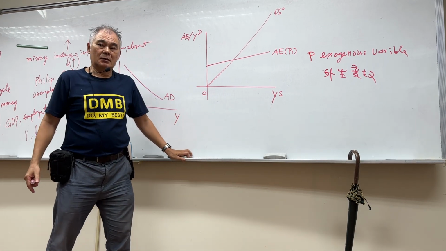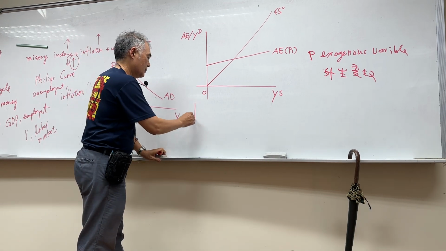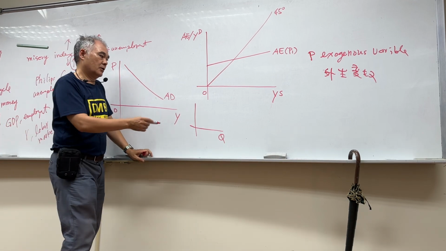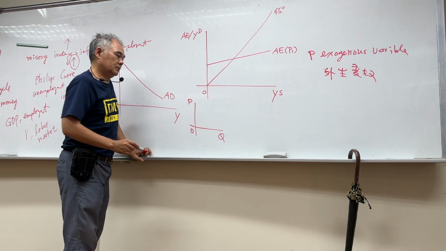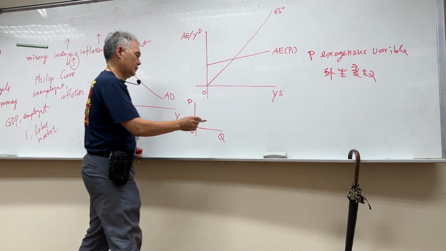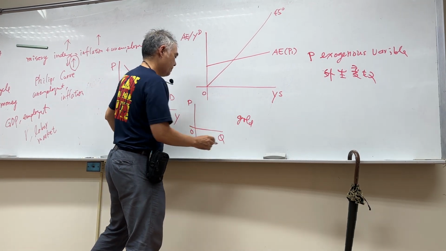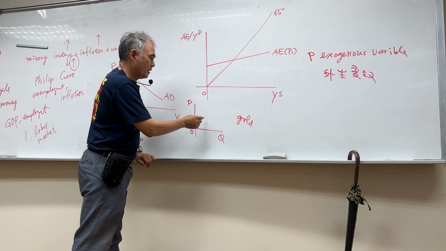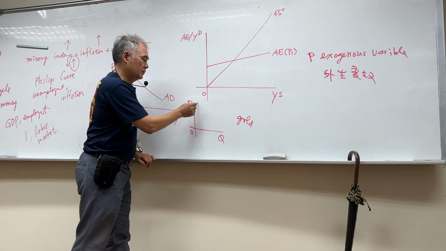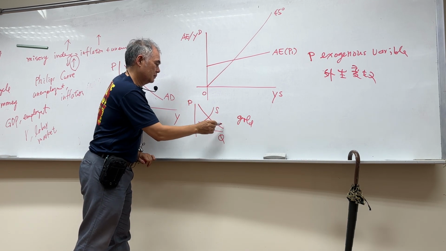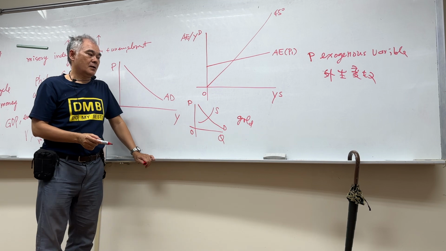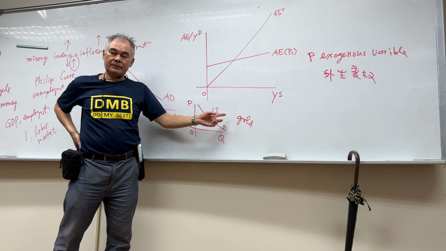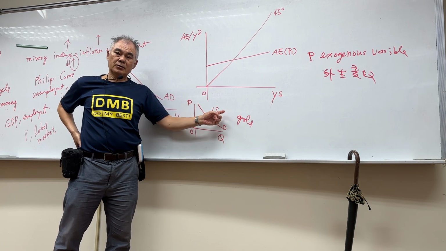So let me explain a little bit here. Let us say this is a product, whatever that is. It could be gold. Say it is gold. So this is supply, this is demand, and in this case, you have a gold market.